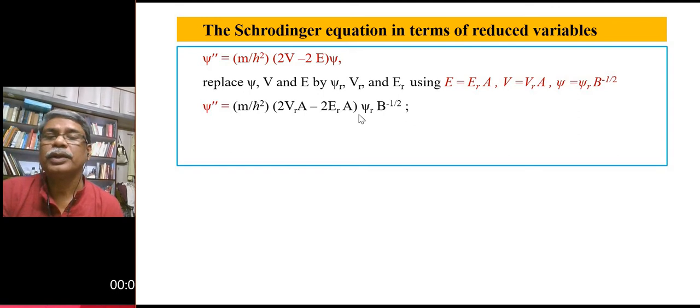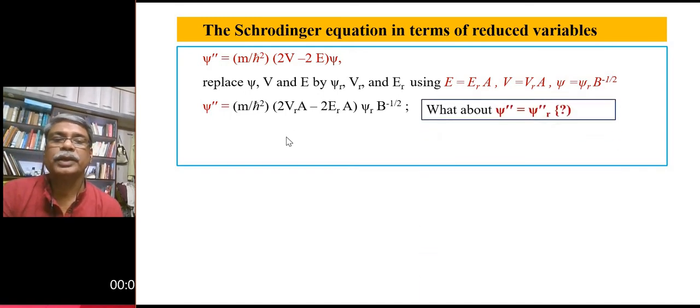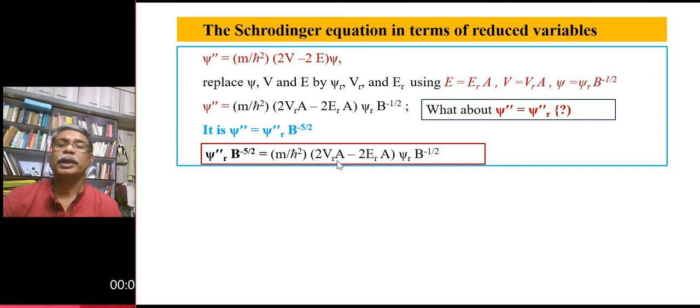If you do that, on the right hand side you get an expression like this, except the left hand side, that is psi double prime, which is still to be expressed in reduced form. And I suppose that this is the relation between psi double prime and psi r double prime, and one can easily justify why it is so.